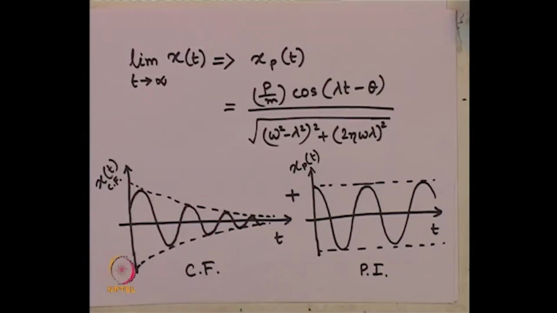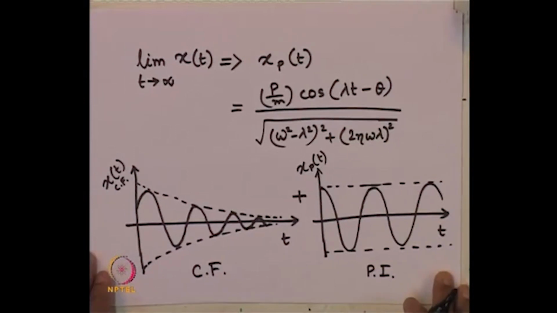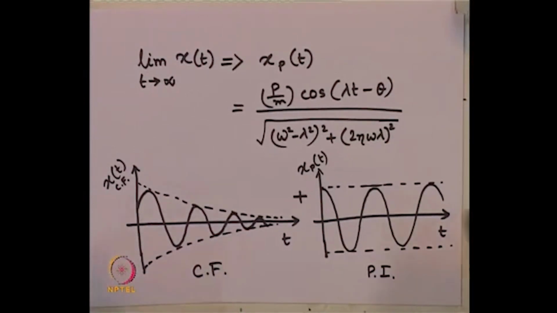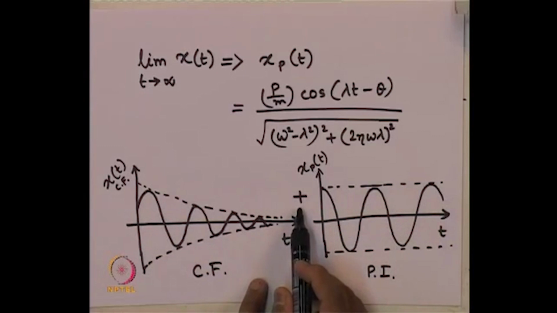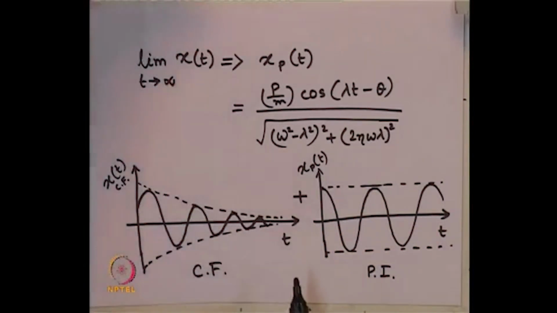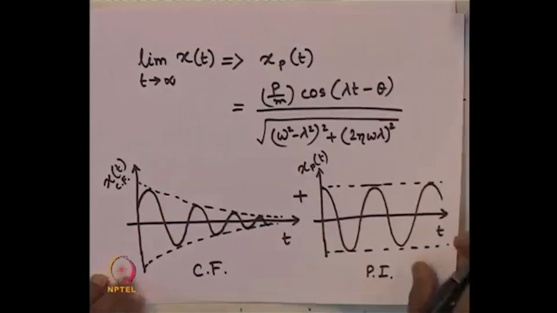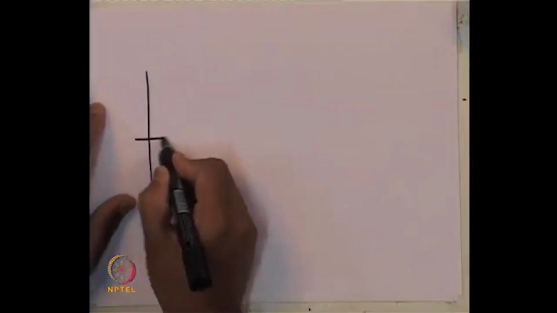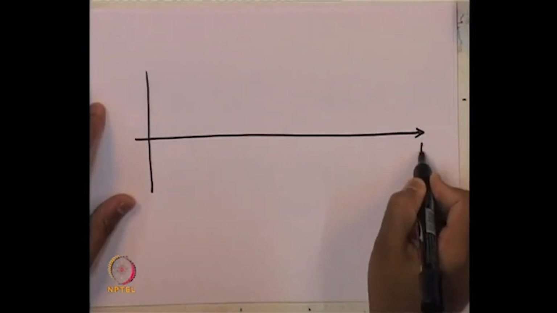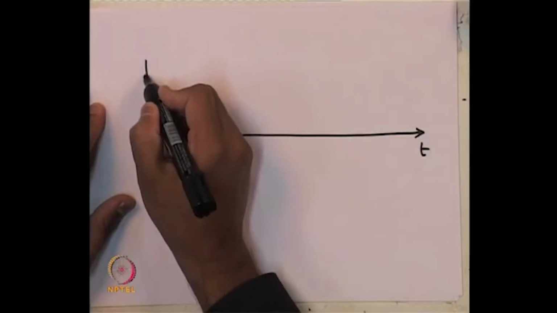So, what will be the total solution? The total solution is nothing but when we combine these two. That is why this plus sign I have shown here. So, how should the combined response look like? Let us combine it and see. The combined response should be something like, I am just showing the trend.